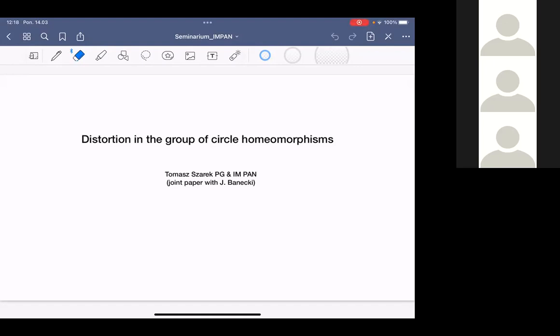When I organized a seminar for the smartest high school students in Gdańsk, in our branch of the institute, I also invited Julek, and he was interested in dynamical system theory. So we started working on the problem about distortion, and the results of our work will be presented at this seminar now.